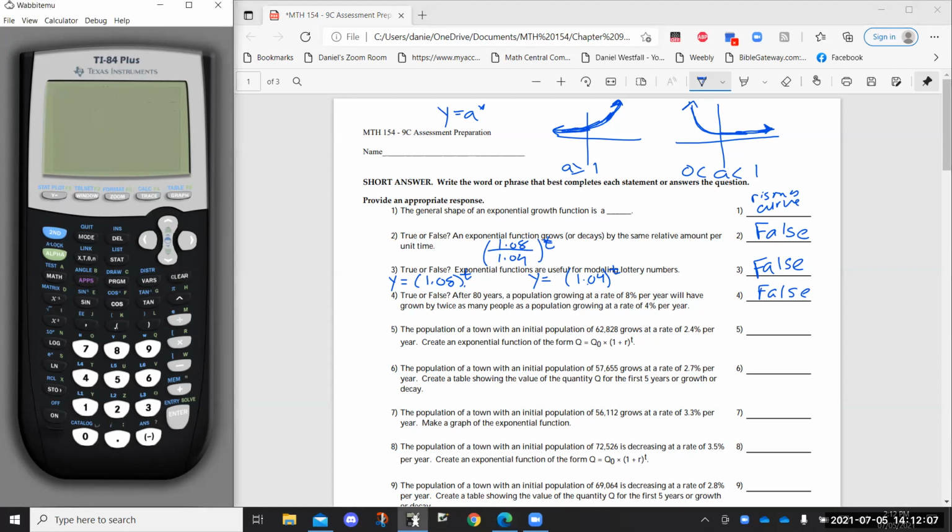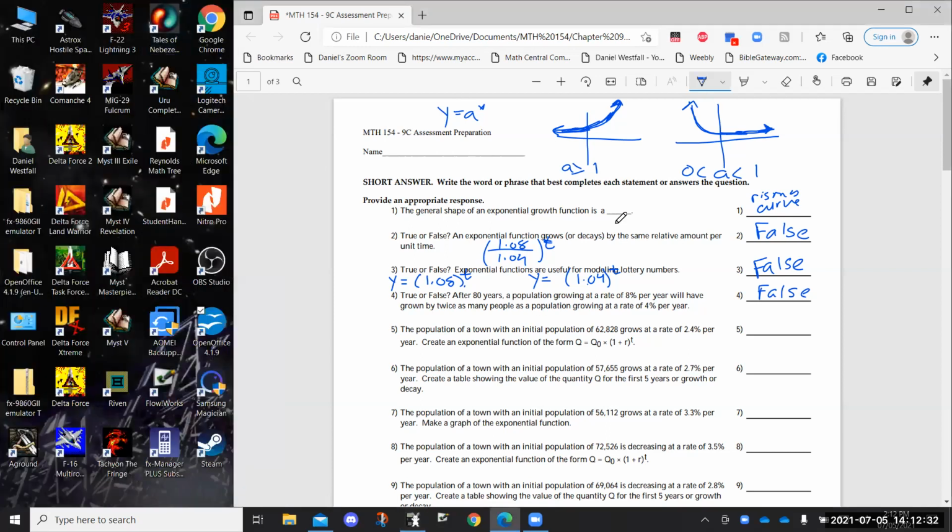What's 1.08 divided by 1.04 raised to the 80th power? If this is not exactly 2, then this one is not double that one. Okay, not exactly 2. All right. I hope that you knew that one conceptually without figuring all that out.